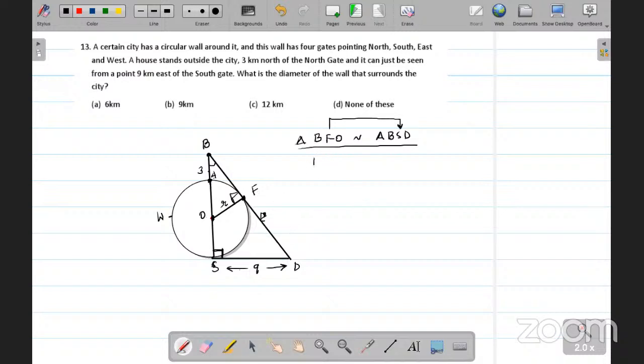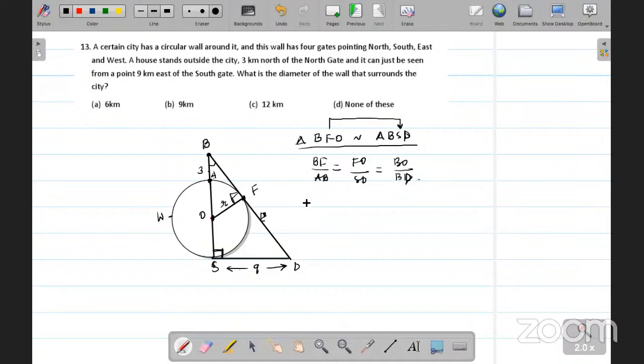So what do you get now? You have BF upon BS in that order is equal to FO upon SD, which must be equal to BO upon BD. This is O and this is D, please.